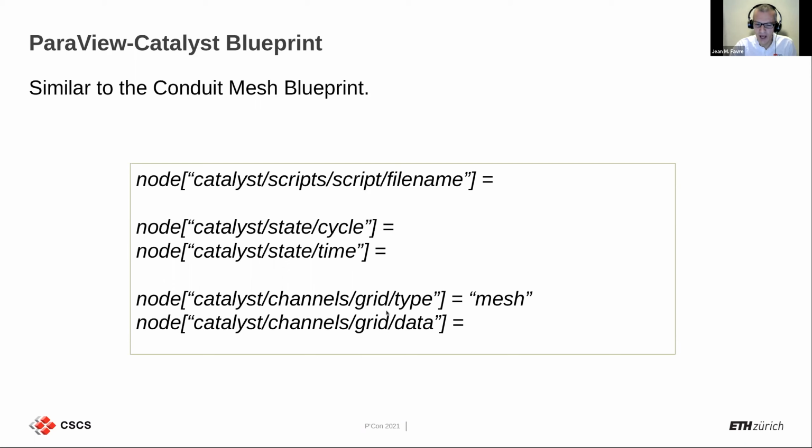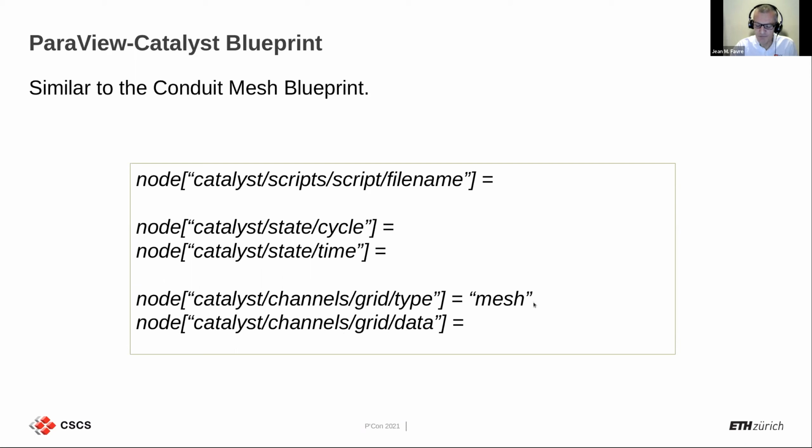And then here comes the grid keyword, which I told you to be aware of. Under the different channels of input of Catalyst, I am informing ParaView that the grid object is what I will need to refer to as my mesh.